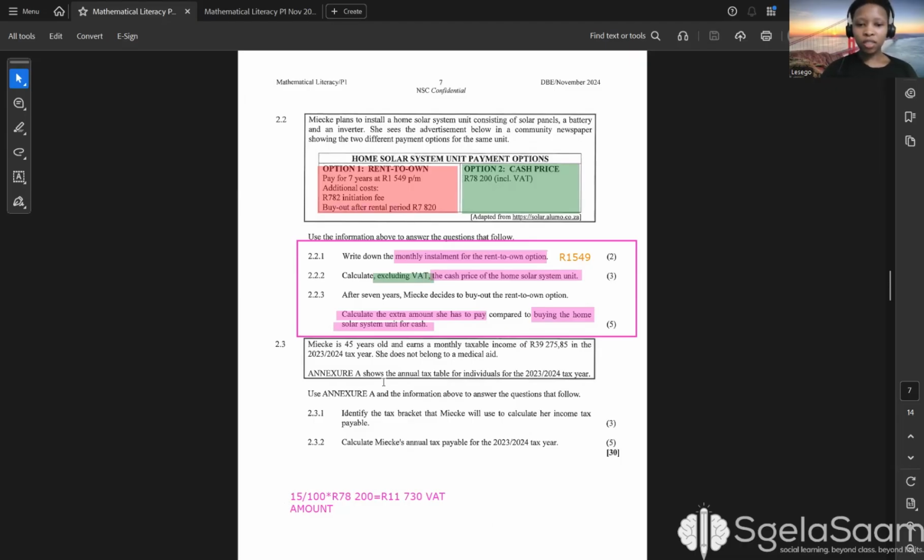But the question says calculate the cash price of the solar system unit without the VAT. So what do we do from here? We will say 78,200 minus 11,730.